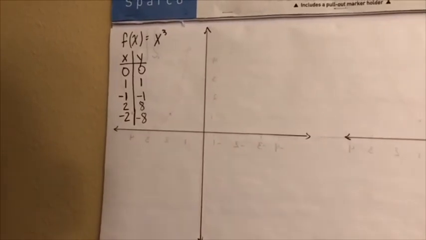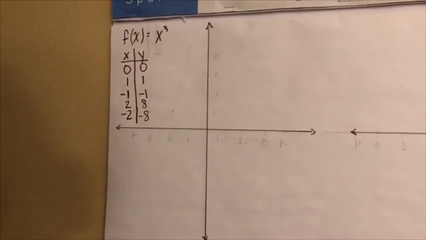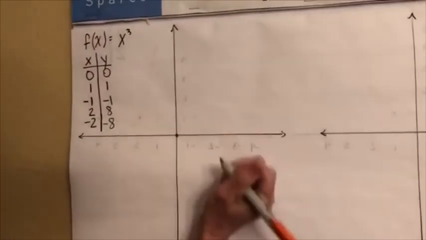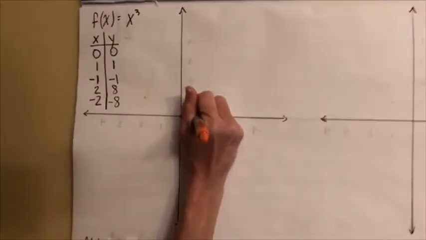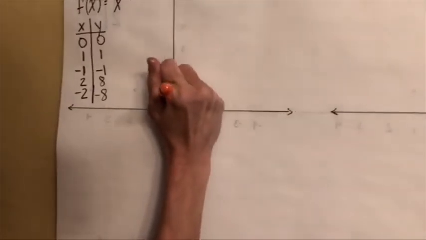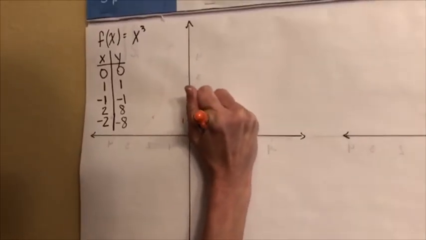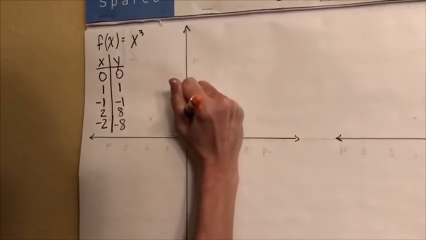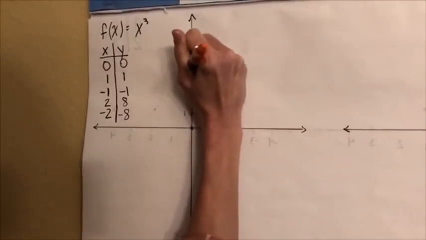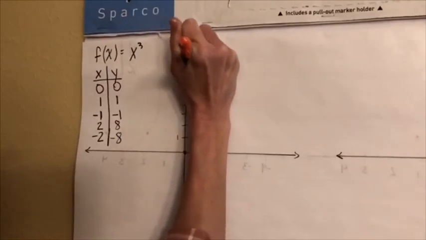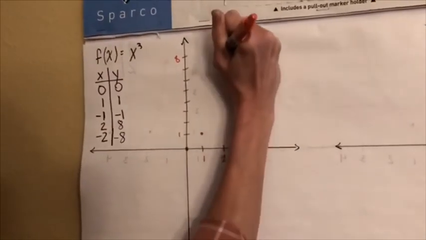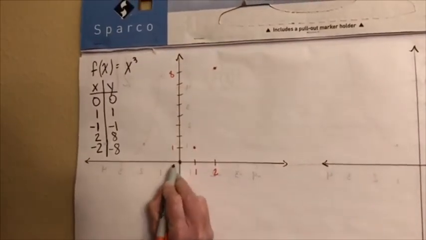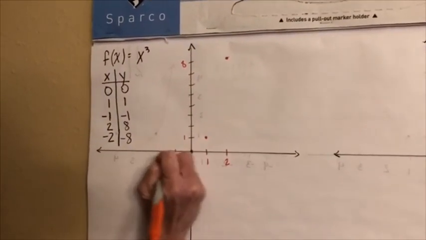So when we graph this function, it looks like so. There's 0, 0. 1, 1 is about there. 2, 8. It's going to be way up there. You can see it rises really quick. All right, now let's do the negative side.